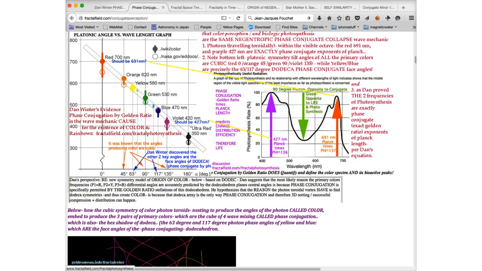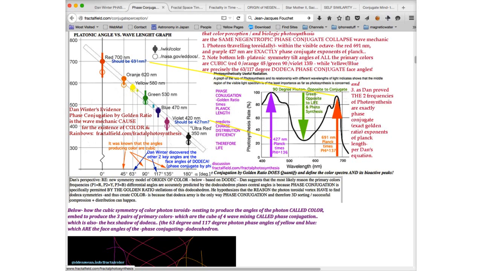And I will only just briefly review that note, only because we're at that picture here, which is that if you take the optical distance of the visible spectra between red, ultraviolet, and what's called ultra-red, which is a simple octave, 700 to 350 nanometers.